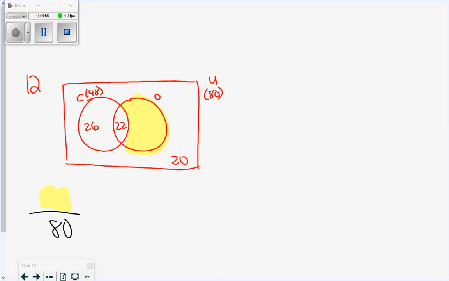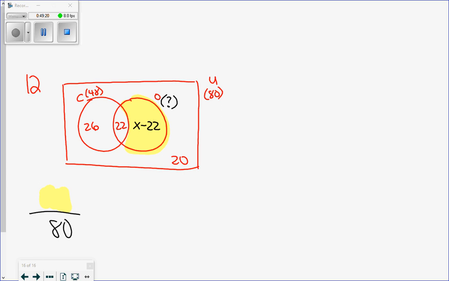Probability, you go numerator divided by total. That's it. I don't know the total here, but let's say it was 50. I would go 50 minus 22 to get that number, right? So whatever this is, I'm going to subtract 22 from it.